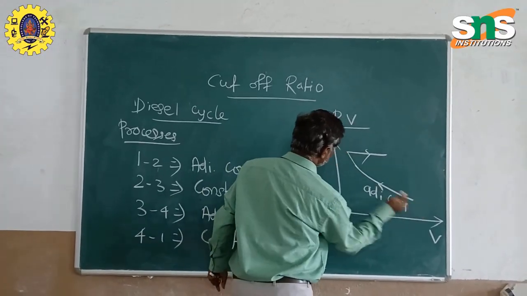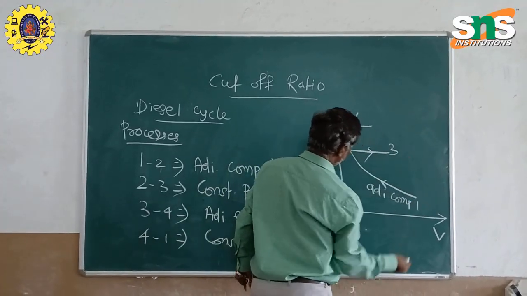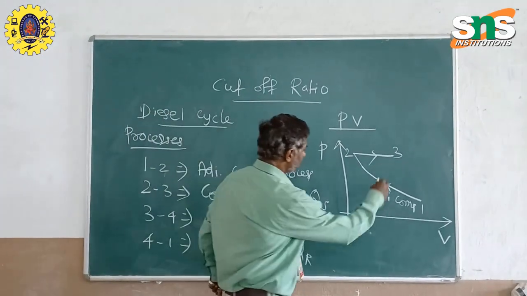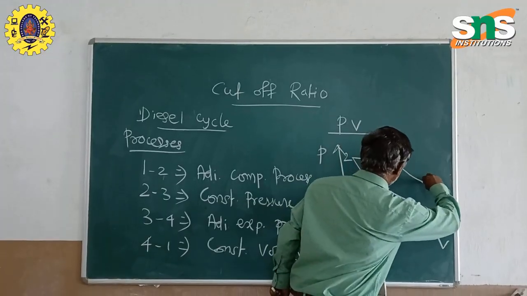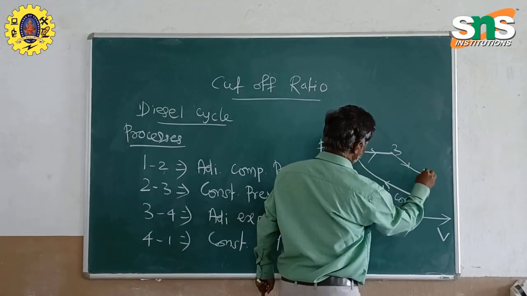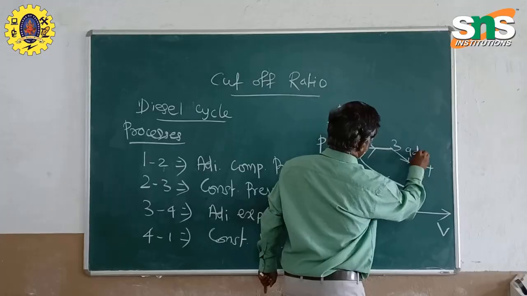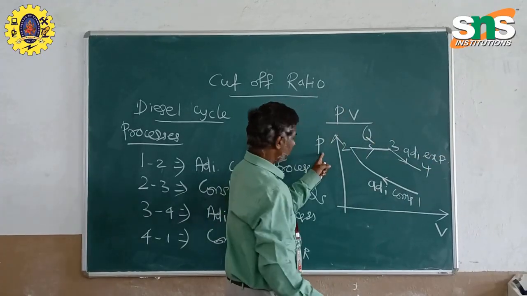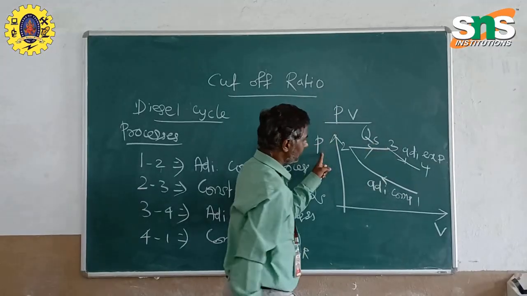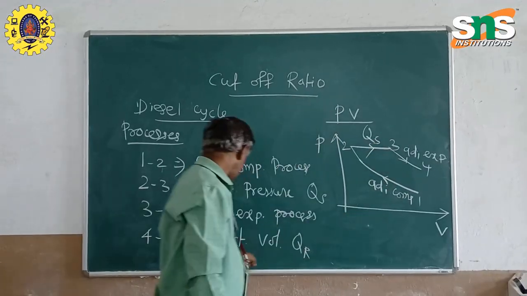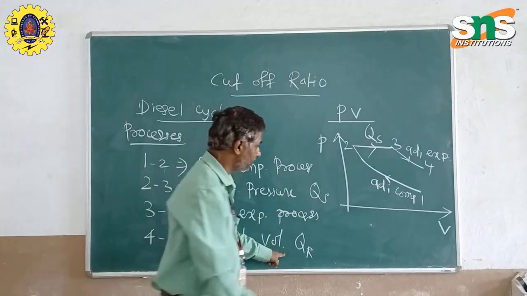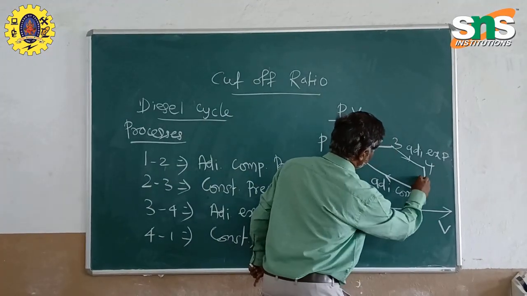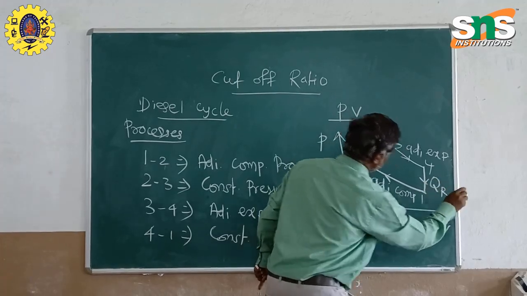This is 1 to 2, this is 2 to 3, and 3 to 4 is adiabatic expansion. So adiabatic expansion becomes a curve like this. This is 3 to 4. This is constant pressure heat addition. And finally 4 to 1 is constant volume heat rejection, so it will be a vertical line. This is a heat rejection process.